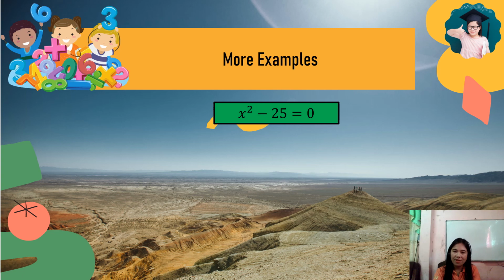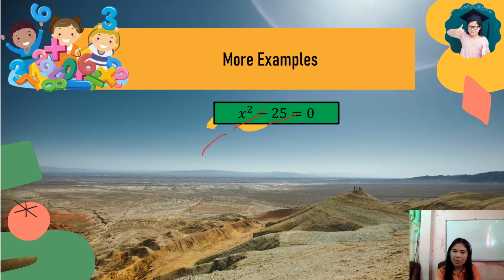Okay, paano ba ito i-factor? Remember what I told you? The first thing that you need to do is to analyze whether your first term is perfect, your second term is also perfect. So, dahil pareho silang perfect squared, ano ba yung perfect squared? Ano nga ulit yun? If you're going to get the square root of this, then you're going to get the perfect value, a whole number. Okay?